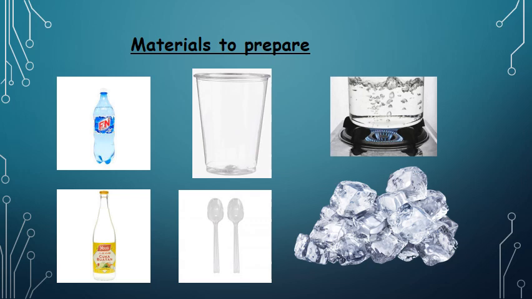Then make sure you have a spoon, just a KFC-size plastic spoon. Alright. Then we need ice cubes and also boiling water, because with the ice cubes and boiling water we will look at the effect of temperature. With the vinegar we will look at the effect of concentration, and the others we will use to look at the effect of pressure. So these are the materials you need to prepare, and carry out the experiment, record the video and record the observations.